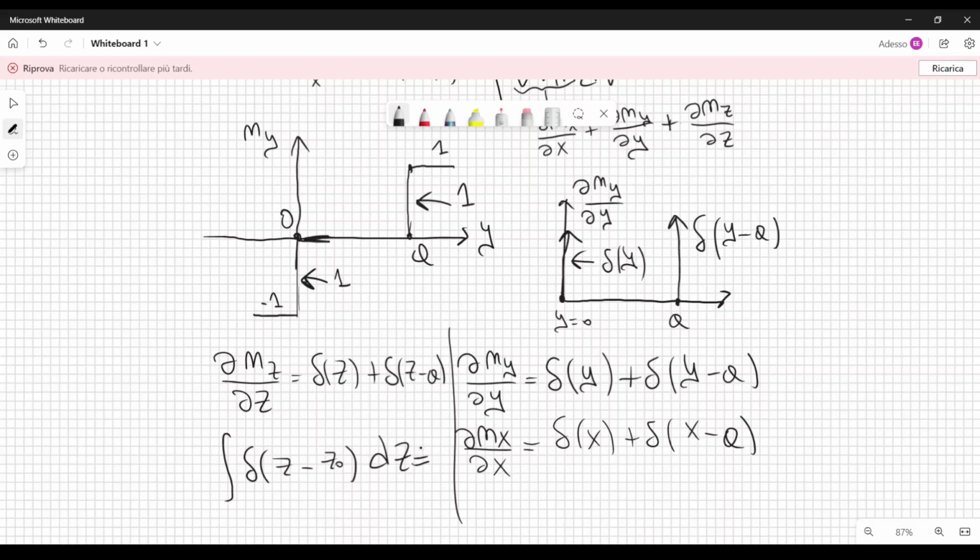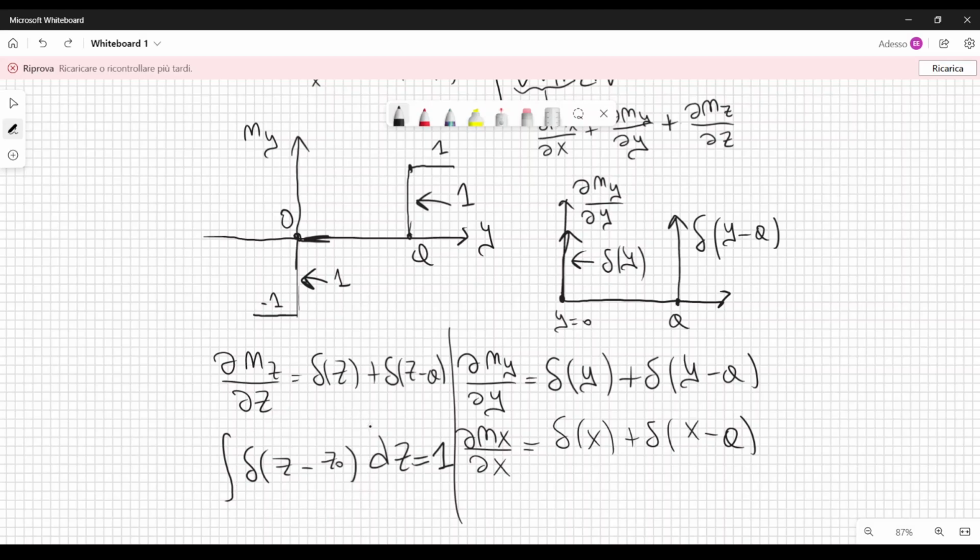It is not exactly a function, but we can think of it as a function, and this is equal to 1. So the Dirac delta is not really a function because its value is equal to infinity. For example, this function here is equal to infinity when z is equal to z0, and it is equal to 0 otherwise.